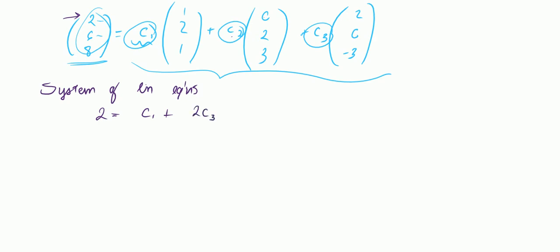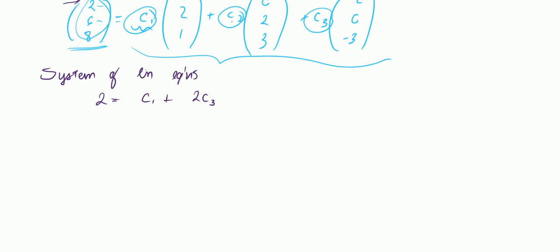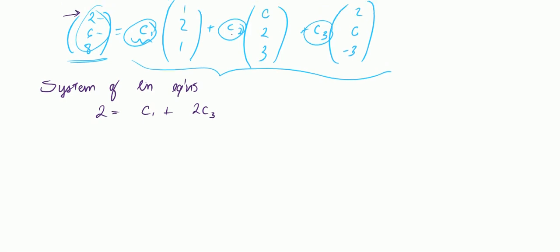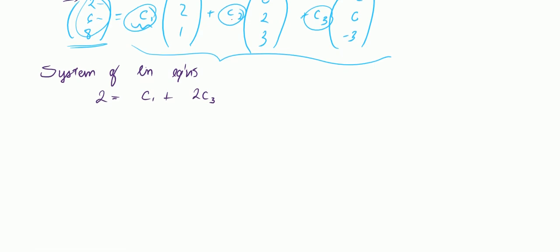Then in my second row, I'll have 6 is equal to 2 c1 plus 2 c2 plus 0, since c3 times 0 is 0.